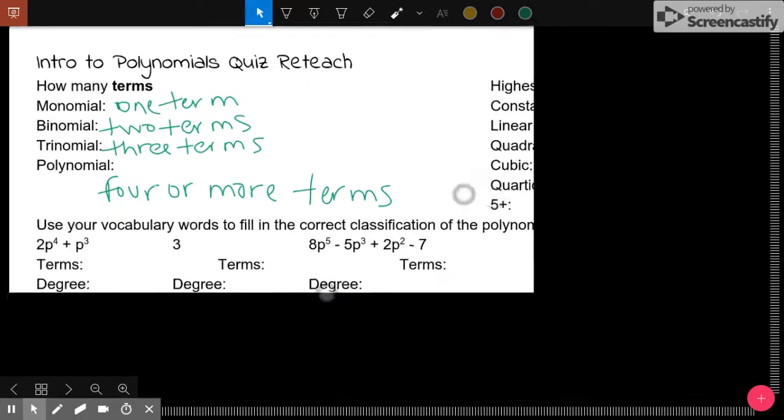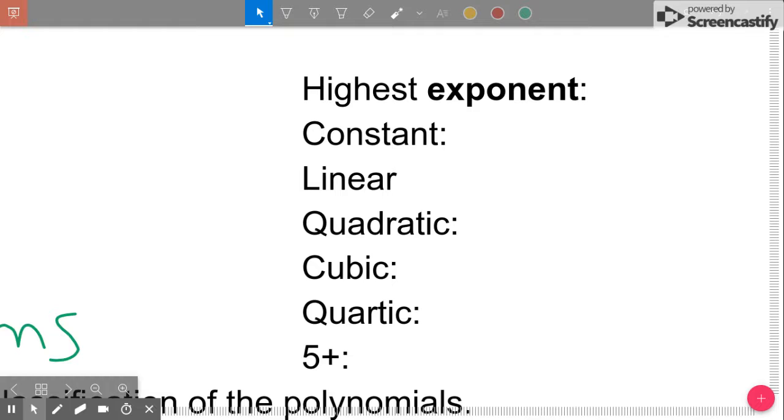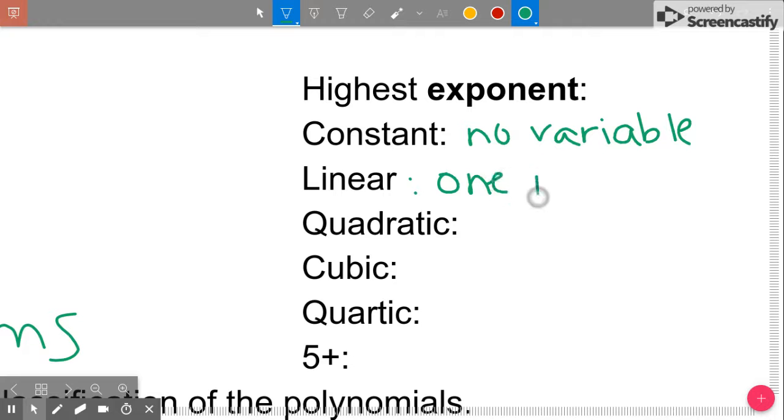So then going over our degree, whenever we're talking about degree, we want to look at our highest exponent. If it's constant, there will be no variable. If it's linear, you have one power. That's your highest power. Quadratic, your highest power is to the second power.